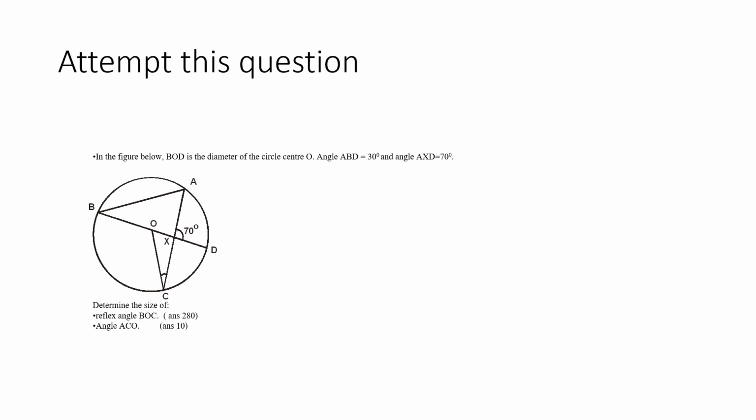Determine the size of the reflex angle BOC. The suggested answer is 280. See whether you can get it. Then find the angle ACO. You can pause the video, go through it, then you continue playing.